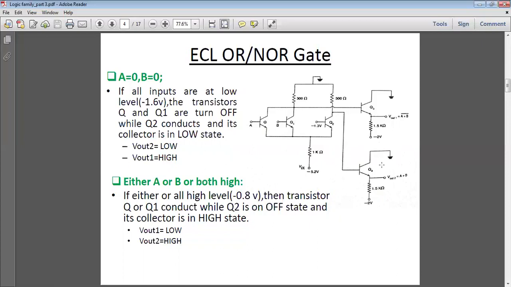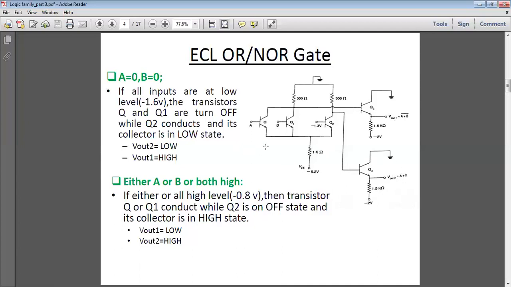So Vout1 will be high and Vout2 will be low.